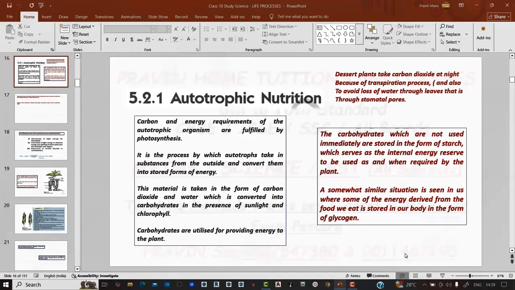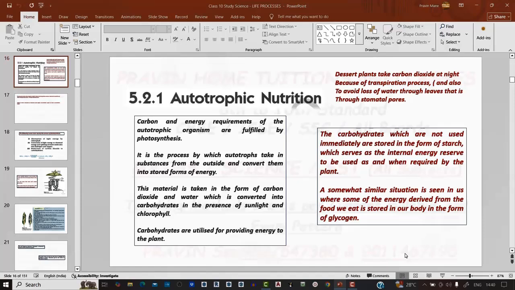Also, they produce food for heterotrophs. Autotrophs fulfill their need of carbon and energy by the process of photosynthesis.